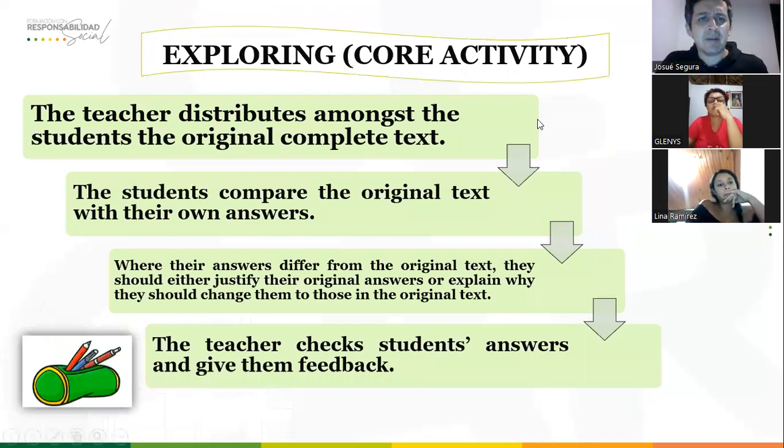Okay, now the next step of the class is the exploring moment or the core activity. In this part, the teacher distributes amongst the students the original complete text. The students are going to compare the original text with their own answers.